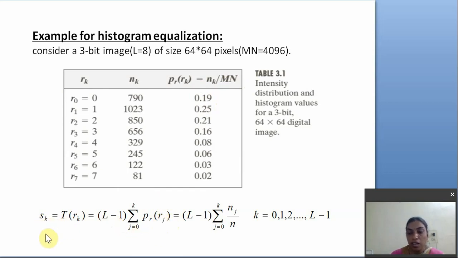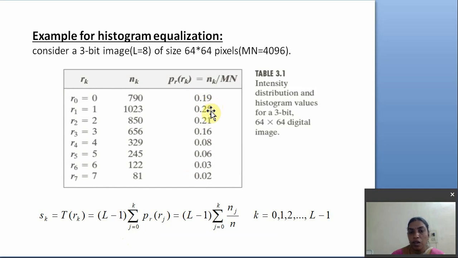What is S1 here? L minus 1 summation j equals 0 to 1 PR of Rj. That means L minus 1 into PR of R0 plus PR of R1. Am I correct? So S1 is 7 into PR of R1 plus PR of R0, that means 0.25 plus 0.19, into 7.